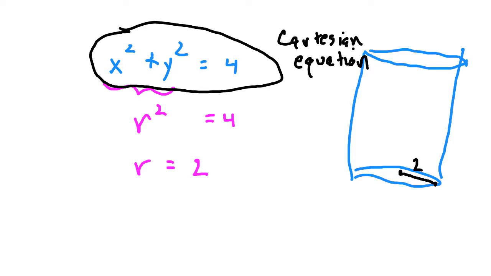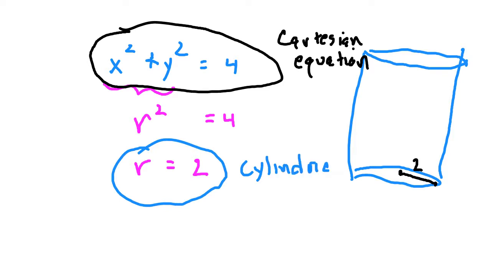And then you have a cylindrical equation. Because cylinders work great with cylindrical coordinates, you can see the second equation is easier than the first. Cylinders are more easily described in terms of cylindrical coordinates.